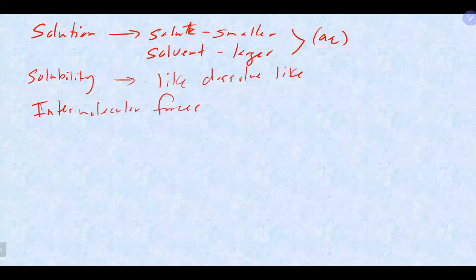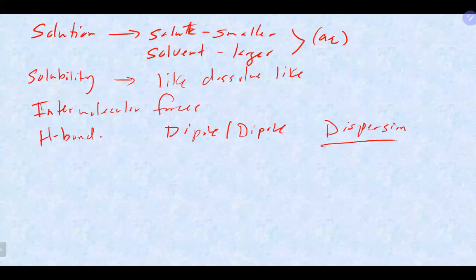There is hydrogen bonding, there's dipole-dipole interaction, and there's dispersion forces. Each of these are ways that one molecule basically interacts with itself or other molecules.